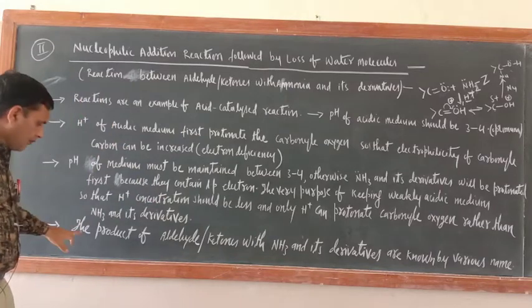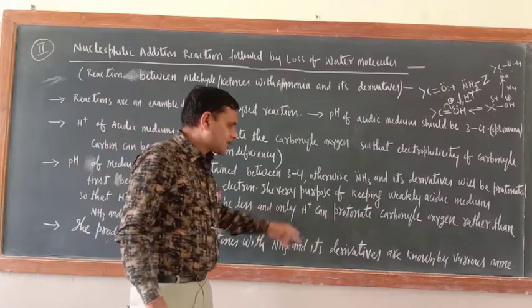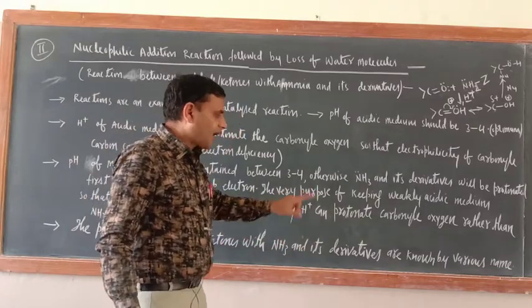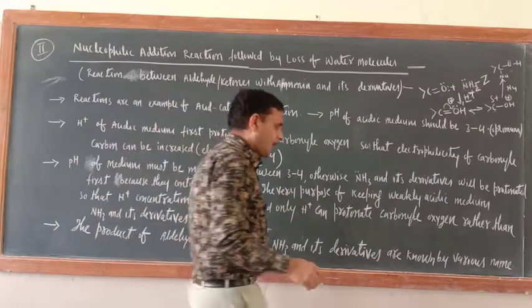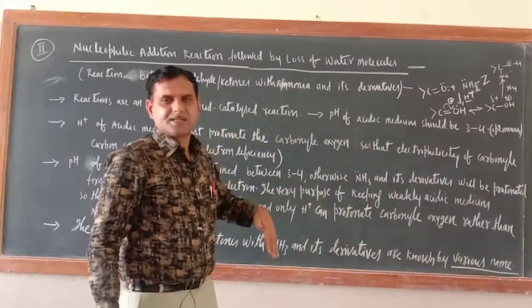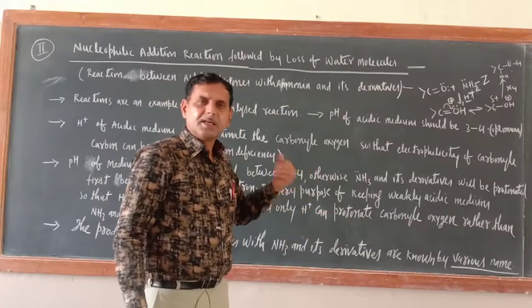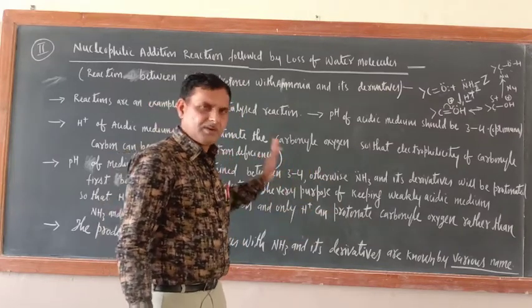Another important thing is the products of aldehydes and ketones with NH3 and derivatives are known by various names, like oxime, semicarbazone. One by one I will write. Imine. Then various things are there. I will write.